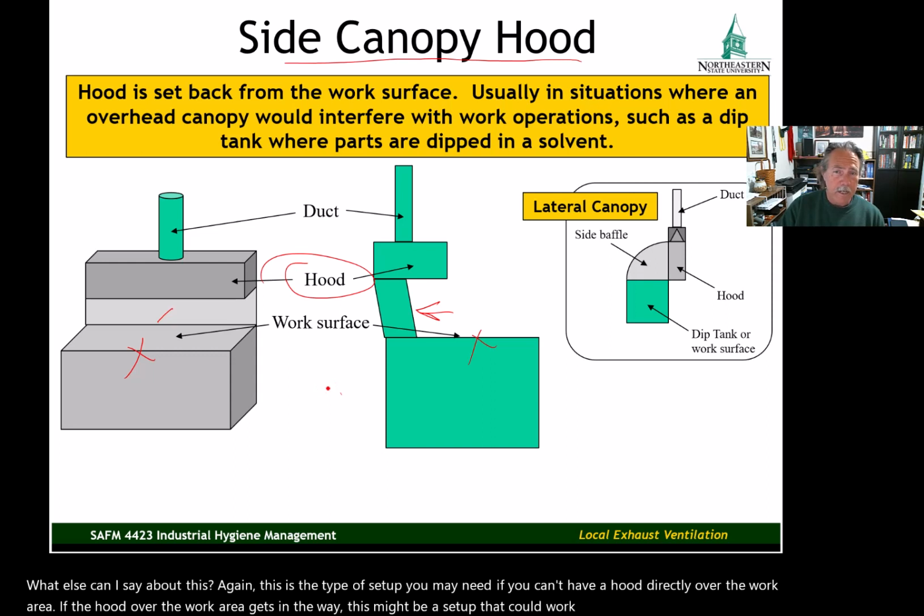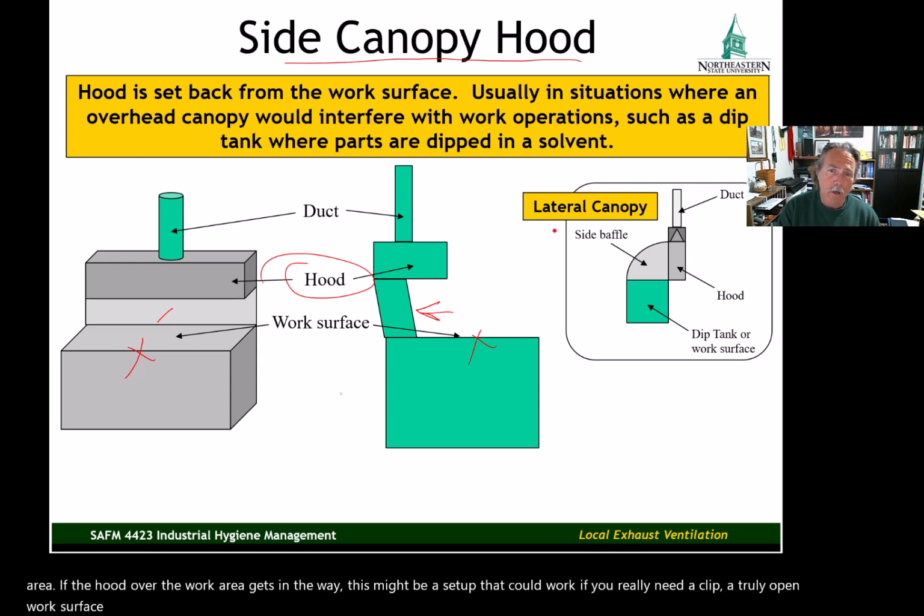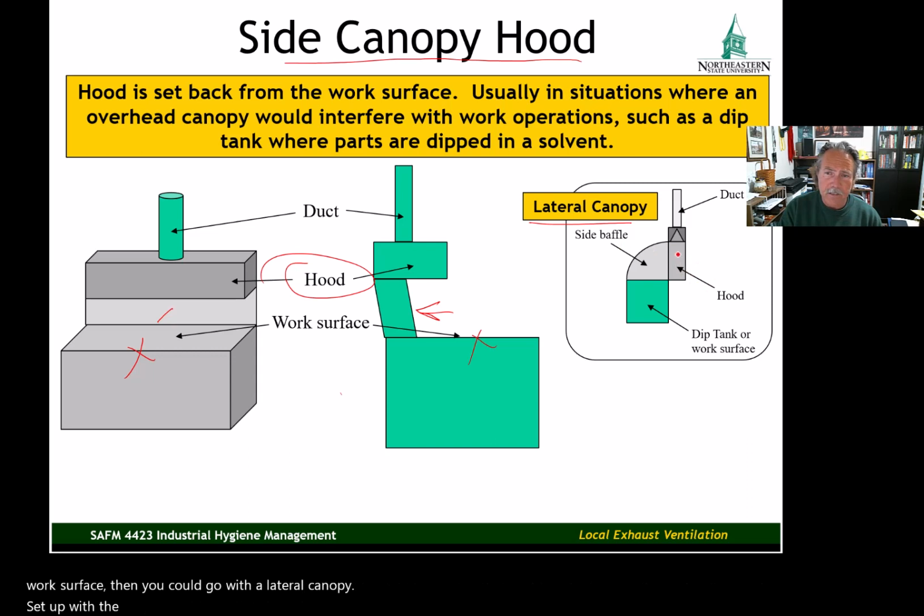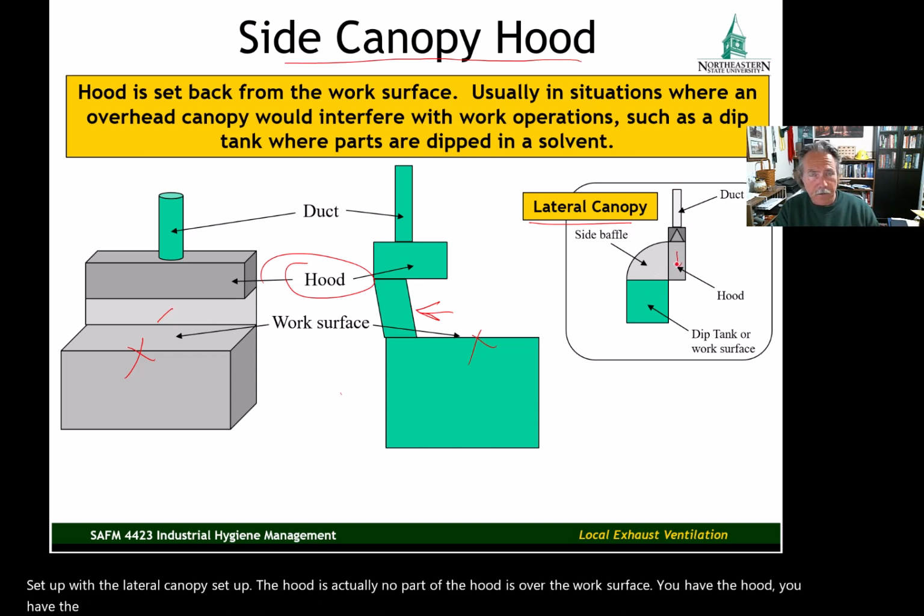If you really need a truly open work surface, then you could go with a lateral canopy setup. With a lateral canopy setup, no part of the hood is over the work surface. You have the hood, you have the ductwork connected to the fan and other components of the system, and then you have the work surface, the dip tank or other type of work surface here.